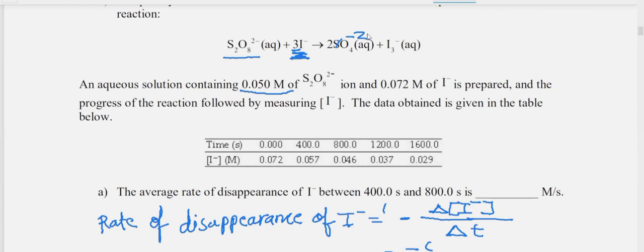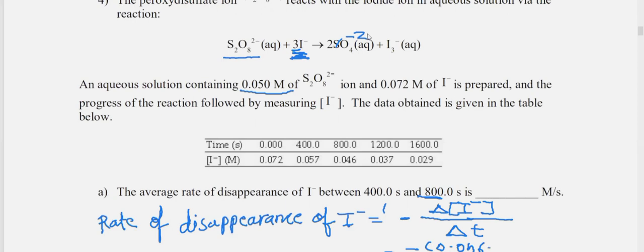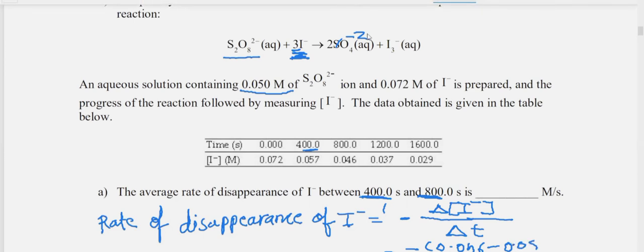What's the final concentration? That's at 800 seconds, 0.046, minus the initial concentration, 0.057. That's at 400 seconds. They are asking about 400 and 800, right? So the initial time is 400 seconds, where the concentration of I minus is 0.057, divided by delta T. Delta T is 800 minus 400, that's 400 seconds.